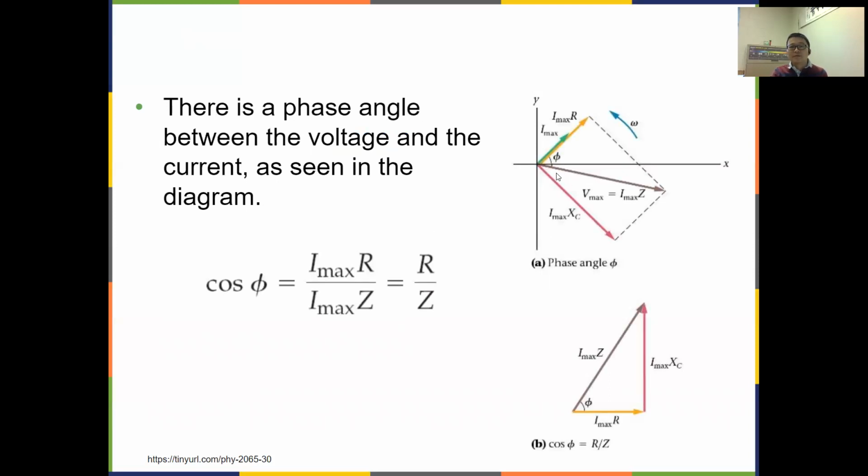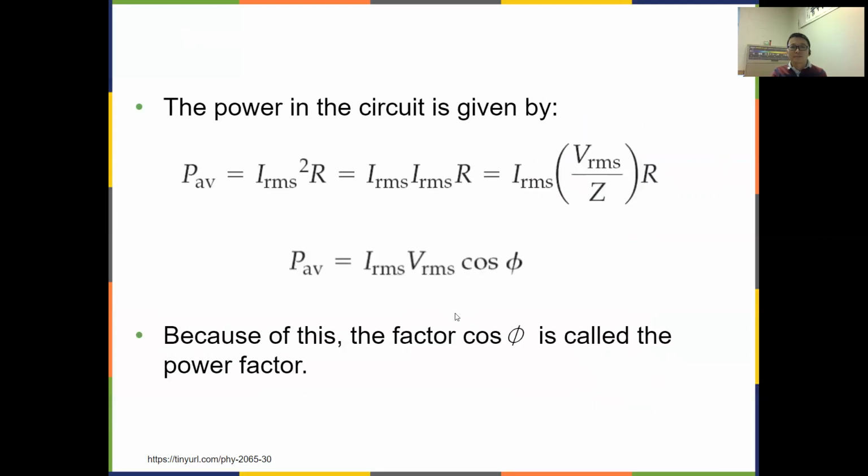Then there's an angle between the max voltage phasor and the current phasor. So that angle is called the phi angle. So cosine of phi you can see is equal to adjacent divided by hypotenuse, because this is a right angle triangle. So I max R over I max Z, which is equal to R over Z. And if you look at the power in the circuit, it's I squared times R using root mean square quantities.